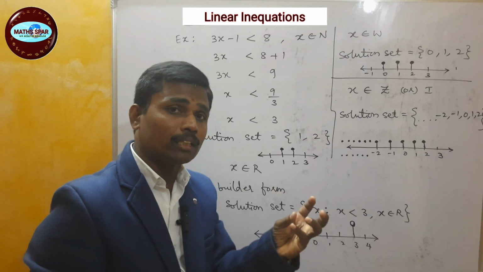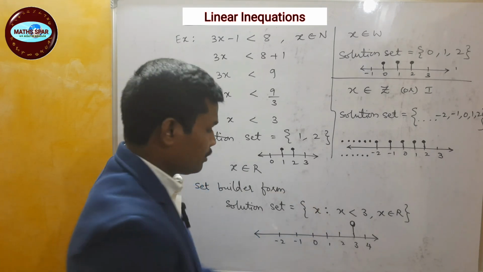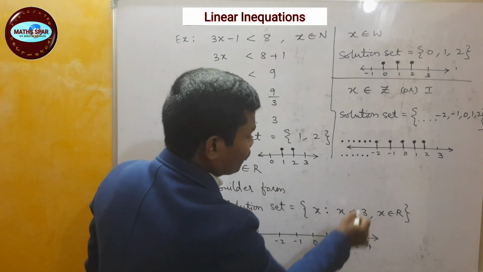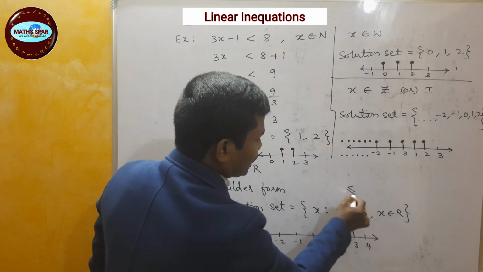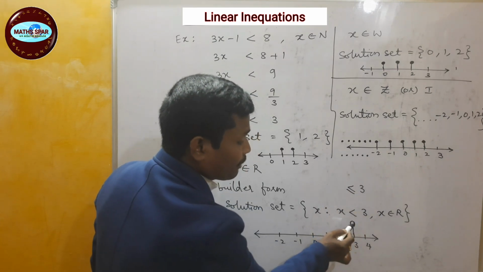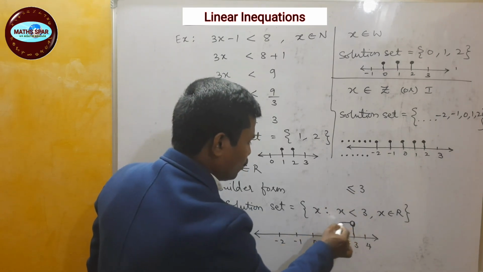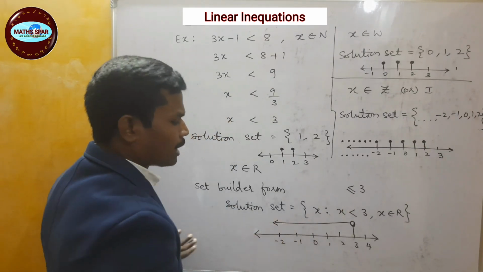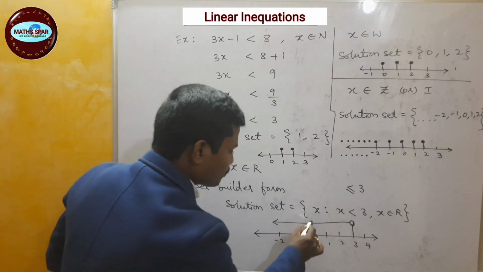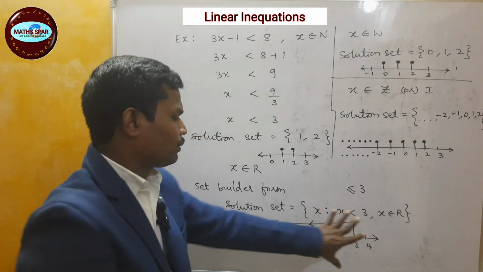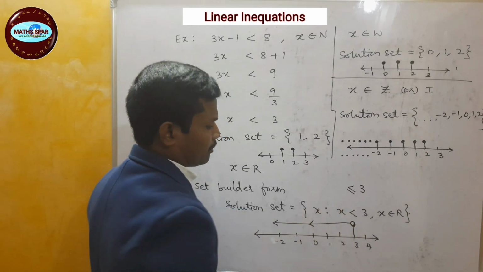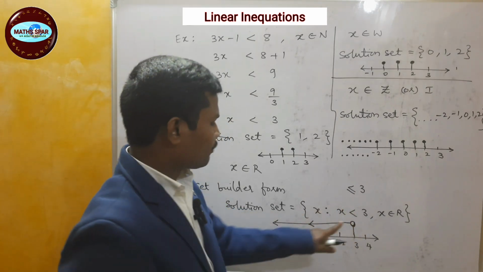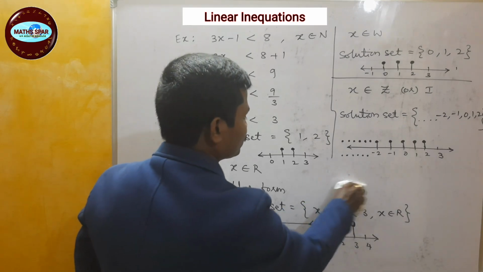If it is a filled dot, then it is included. That is, suppose instead of less than, it is less than or equal to 3, that time you can fill this dot and give the answer. Like this. All the numbers before this, put an arrow so that it indicates that the solution is completely towards this side. If it is a filled dot, then this includes.